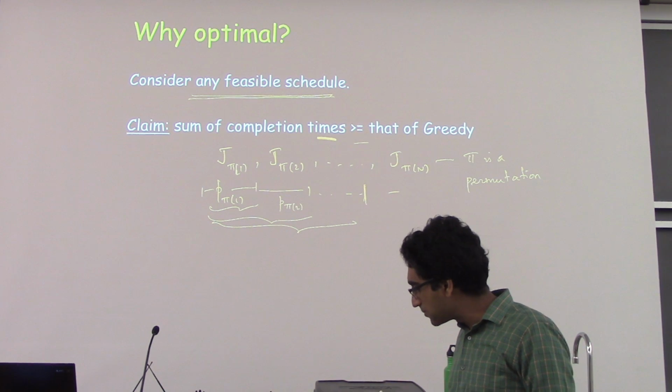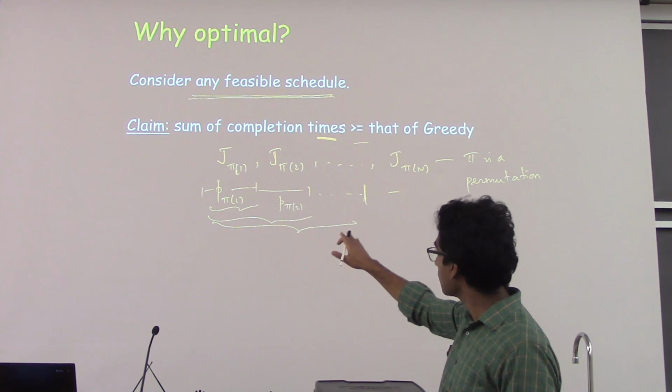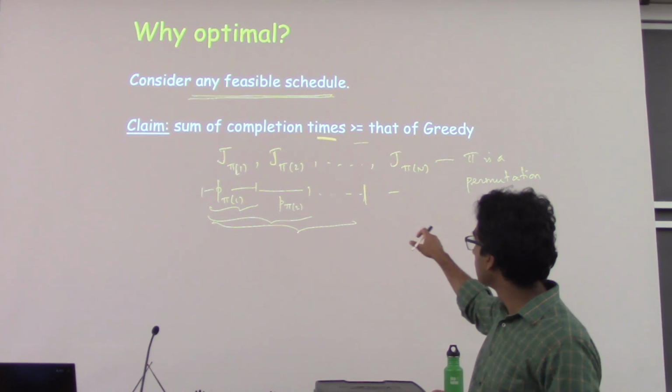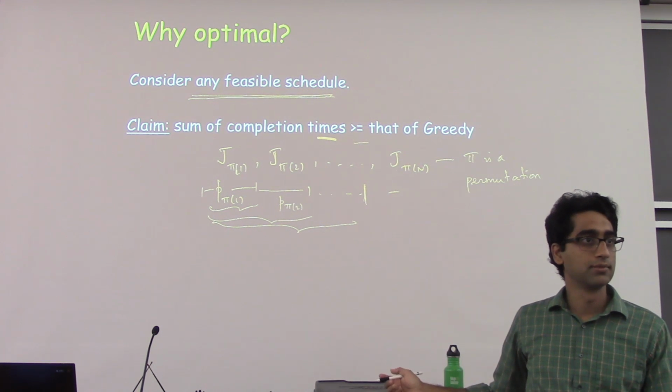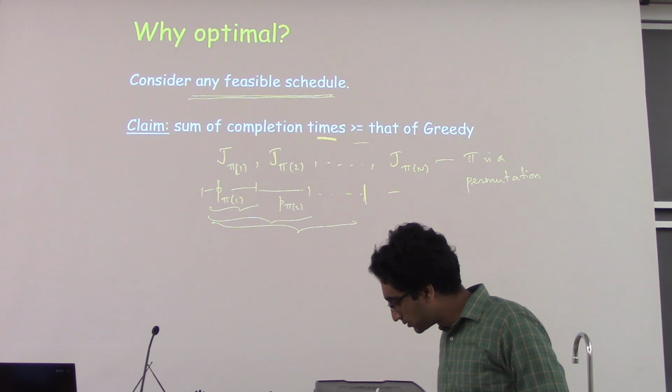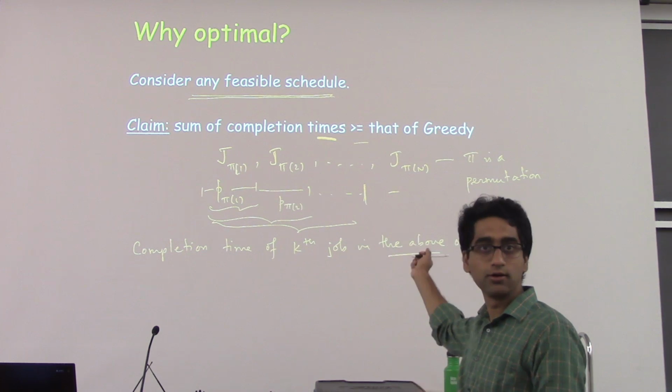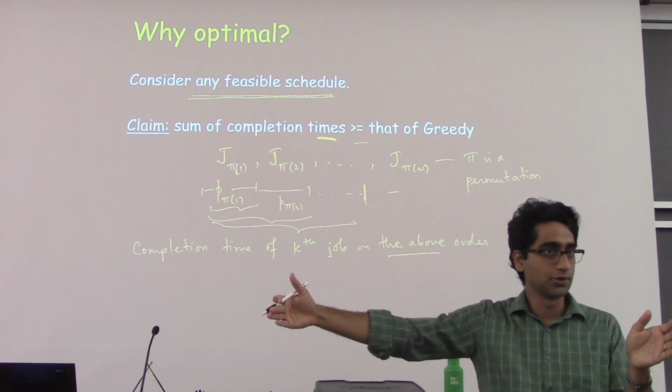So what I want to claim is that if you look in this order of completion, and let's say the kth completion time, so what I mean is the completion time of the kth job in this order, in the above order, which is this pi order, the order given by pi(1), pi(2), and so on, right?